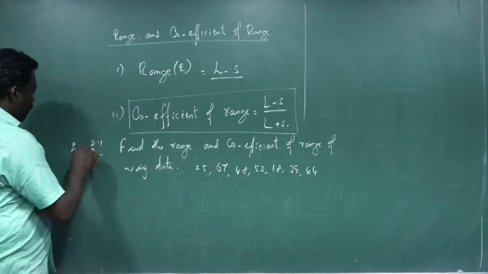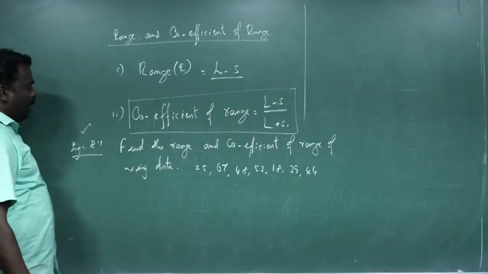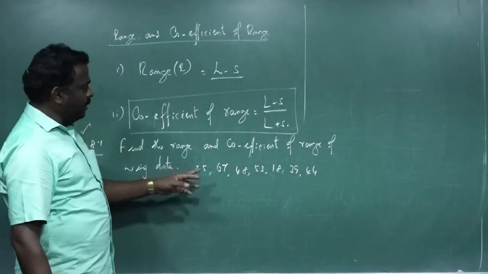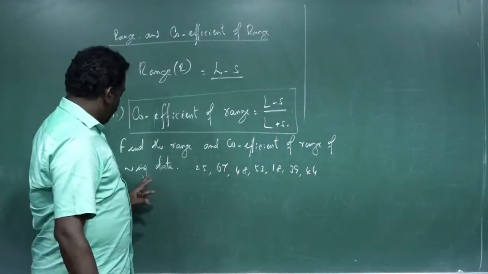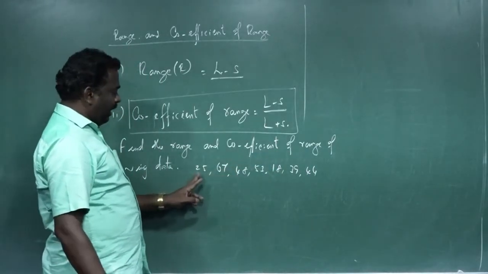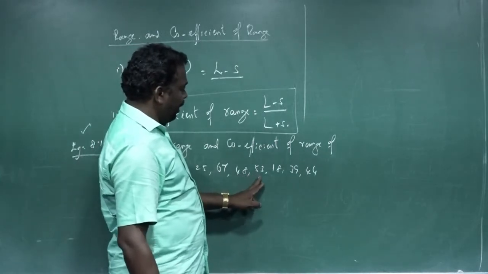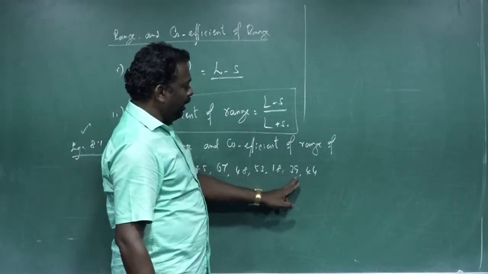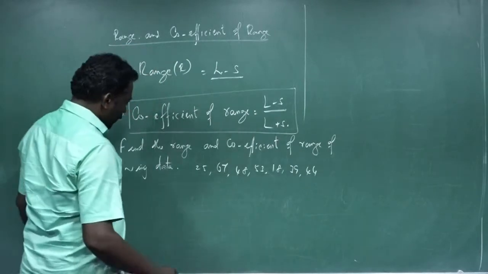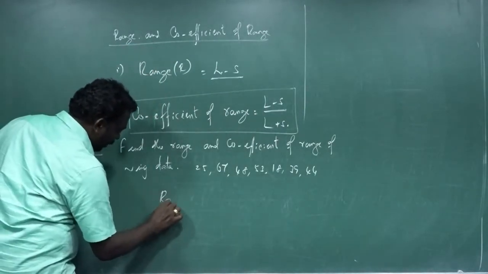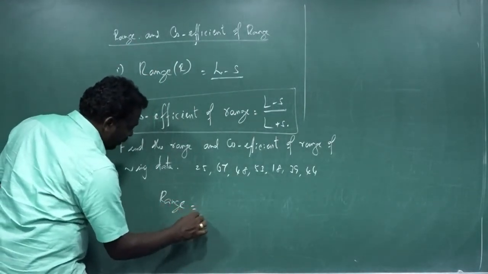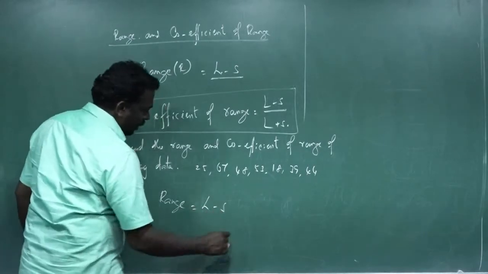Now first we have to see question number 8.1, the first example. Find the range and coefficient of range for the following data: 25, 67, 48, 54, 53, 18, 39, 44. First we find the range, which is the largest value minus the smallest value.